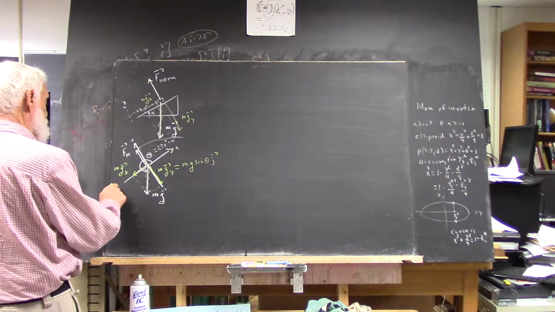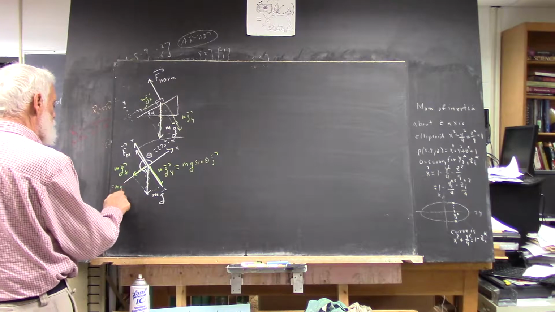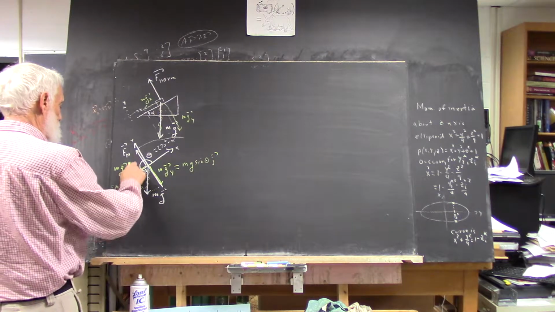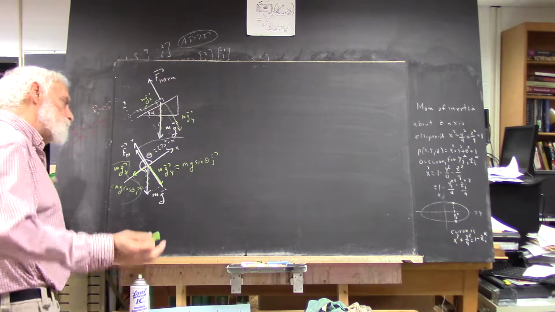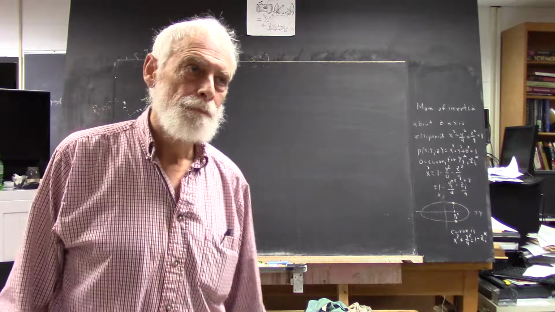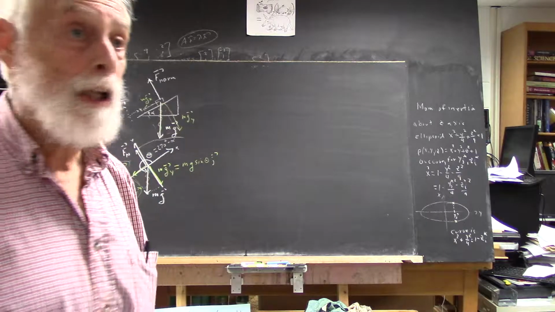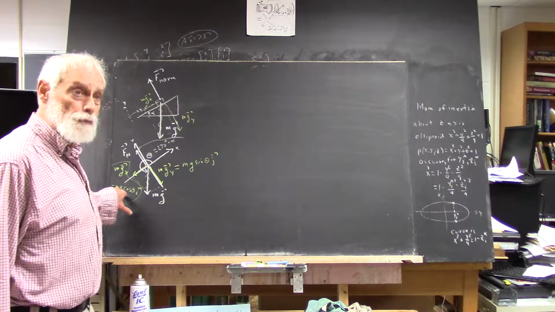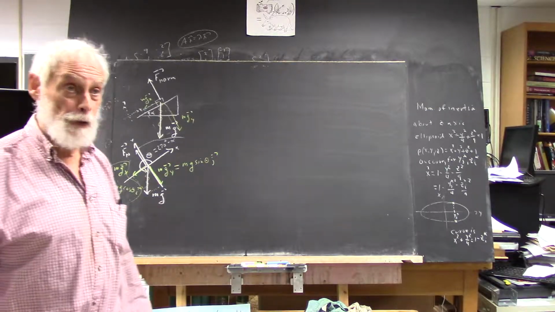And mgx is mg cosine theta times i. Okay? You don't have to worry about whether it's plus or minus. The sine and the cosine will give you the plus or the minus.